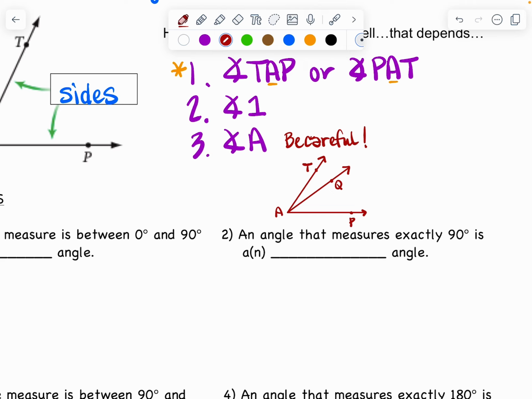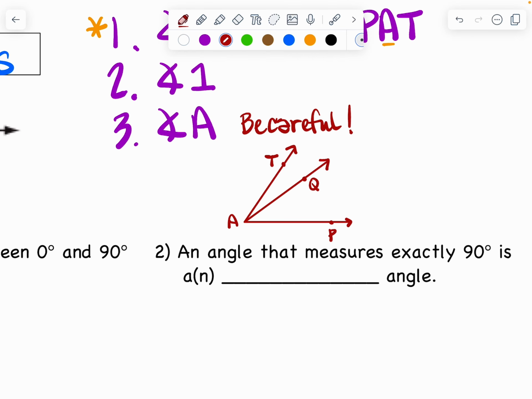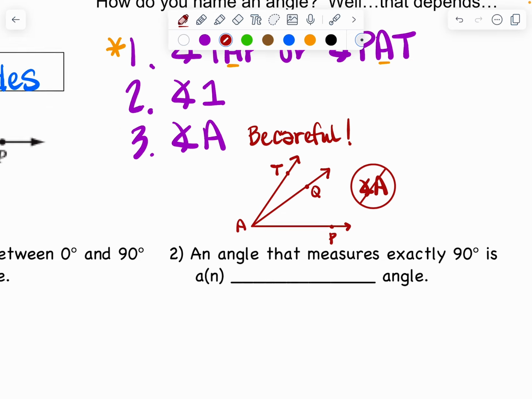In this scenario, I cannot call this angle A because there's clearly more than one angle happening that is using vertex A. So if I told the reader that the measure of angle A was 42 degrees, they would have absolutely no idea which angle I was talking about. So in this case, I would not be able to use this third option and call this angle A, right? That would be a no-go.